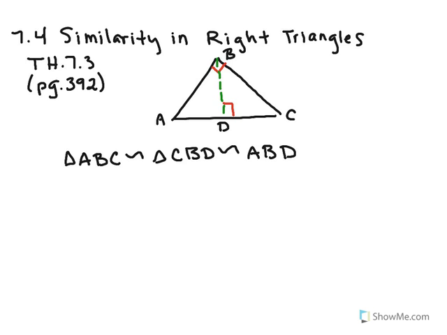Now, don't worry if my letters aren't in the exact right position at this point in time. I just want you to get the concept that if you have a right triangle with an altitude, you have three similar triangles.